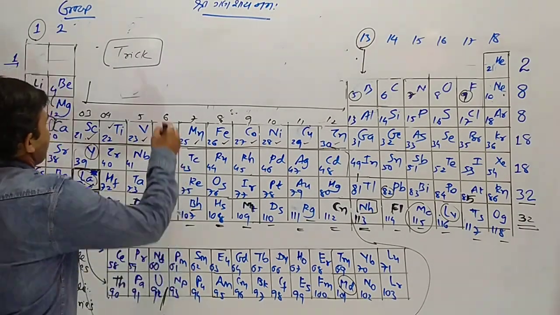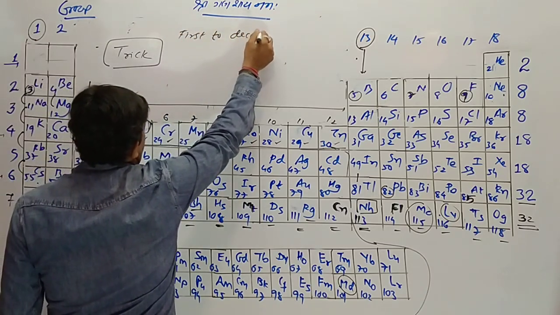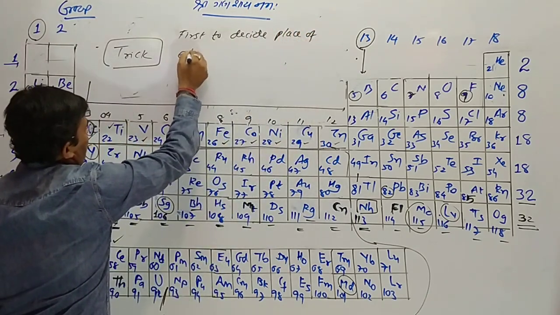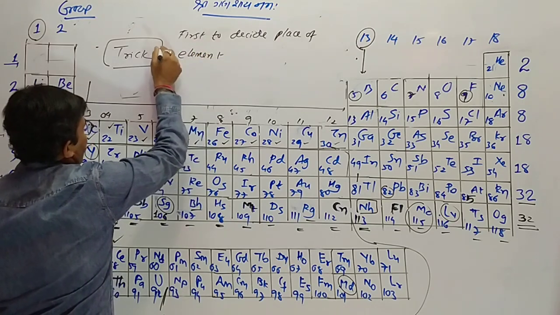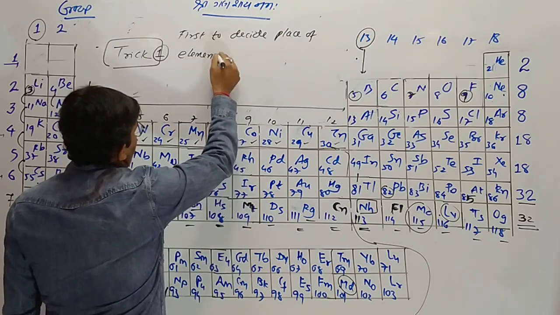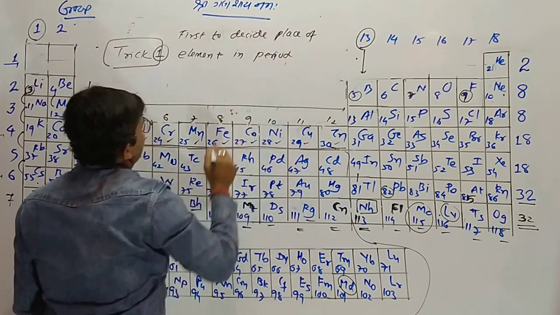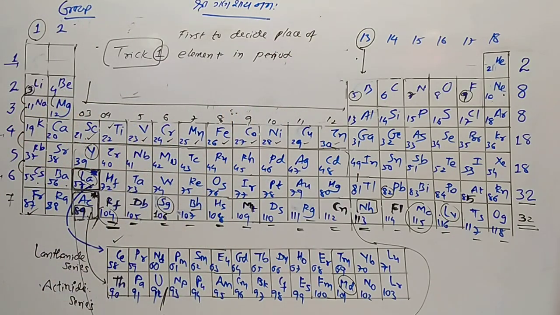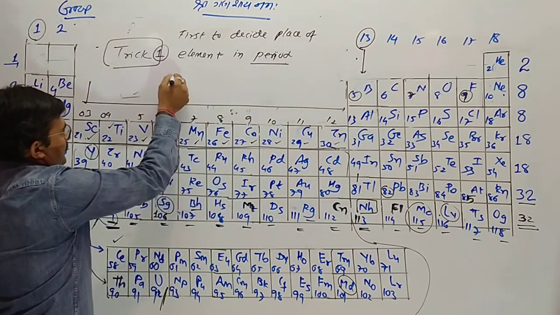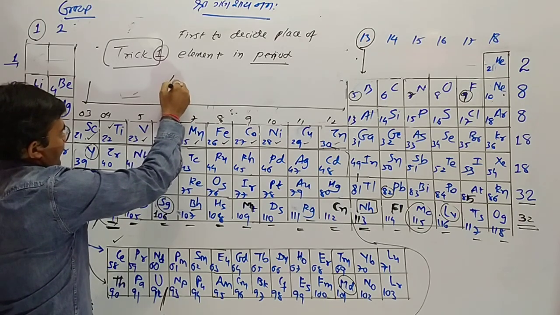So first, to decide the place of an element, trick number 1: first decide the place of the element in the period. First, we take the atomic number of the element. Suppose element number 42 is given.